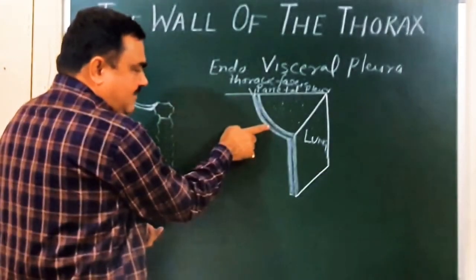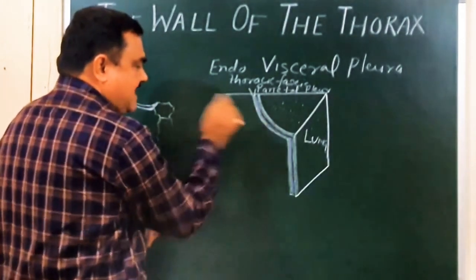And deep to this there is parietal pleura. This is parietal pleura. And there is visceral pleura, and there is a lung. In between the parietal pleura and visceral pleura there is a space.